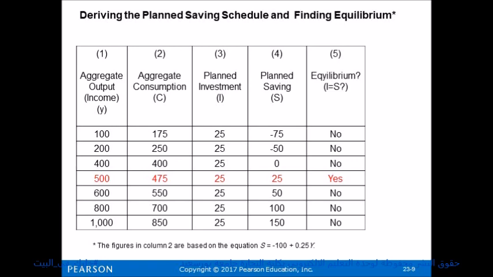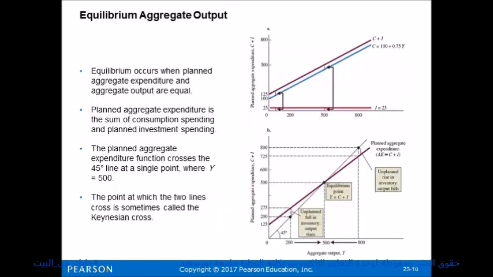Basically, we should realize that using the two approaches to determine the equilibrium level of output or income should give us the same value, one value for the equilibrium level of output.